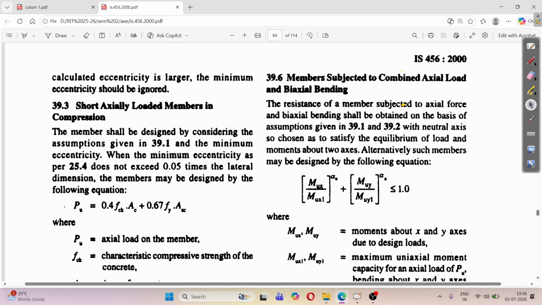So here you can see the member shall be designed by considering the assumption given in 39.1 and the minimum eccentricity. So we have just seen the minimum eccentricity in x direction. When the minimum eccentricity as per 25.4 does not exceed 0.05 times the lateral dimension, then you can use the following formula.